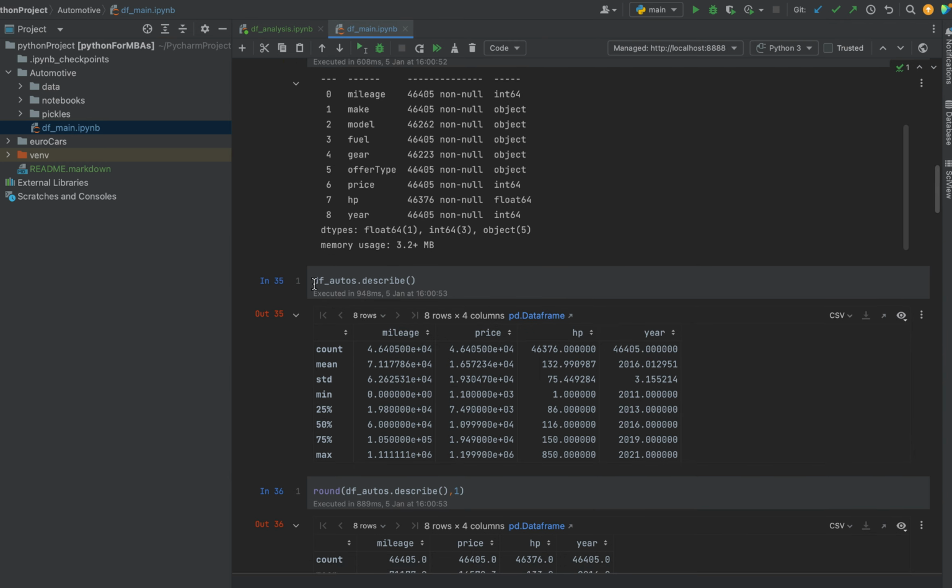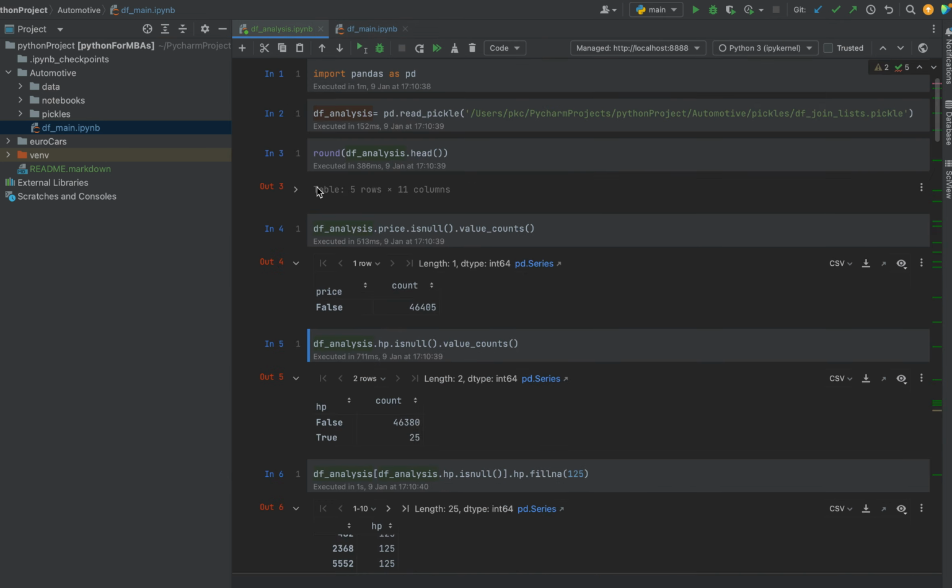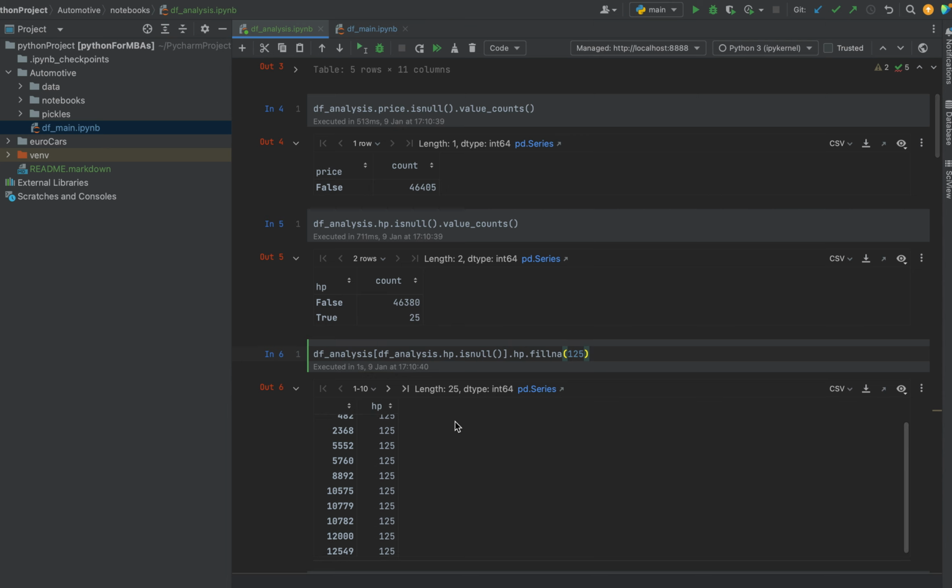So I went back to the original data frame, looked at the average horsepower, and where there's a null value, I filled in about 125 to 130. There are only 25 entries, so it's not going to make that much of a difference.